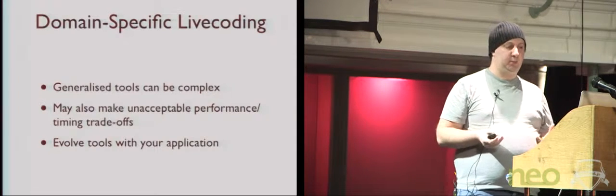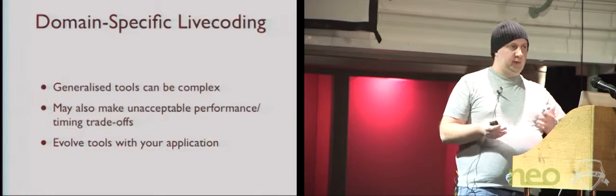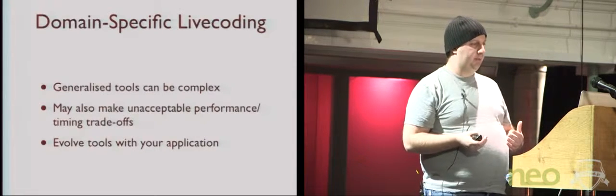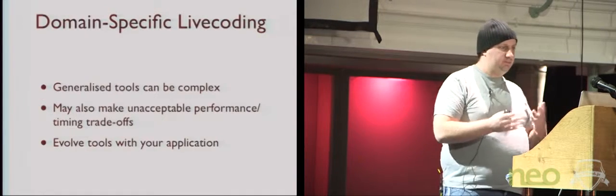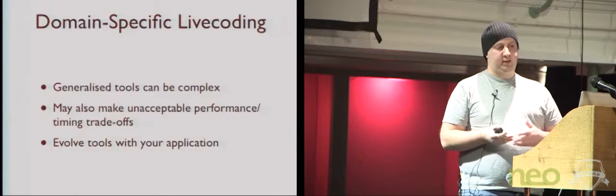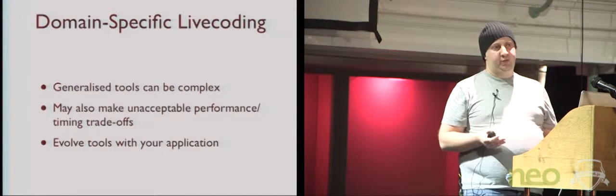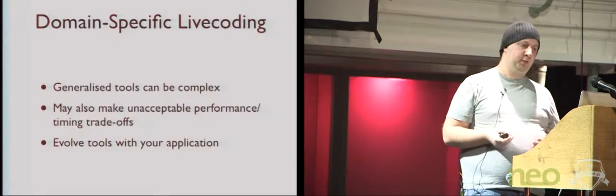They might make unacceptable performance trade-offs that you don't know about. Like if anyone's tried to do anything that pushes the browser to the limits, you very often see artifacts that you wouldn't if you were just programming directly at something lower level. And that's as a result of the fact that we're dealing with a general purpose tool and we're trying to use it for a very specific purpose.